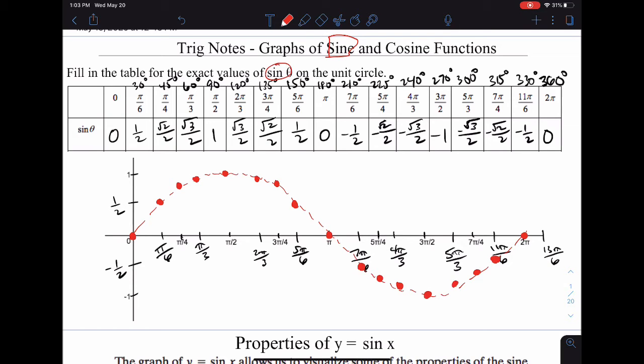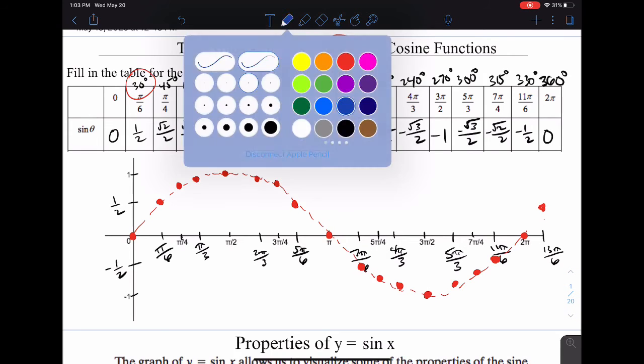Okay, so the question is, what does it do afterwards? So we've got back down to 360. What happens at 360 plus 30, so 390, which is 13 pi over 6? Well, 390 is really the same as 30 degrees. It has that reference angle, so it's going to repeat itself. So this is going to be 1/2, and it just repeats itself. So I'll use a different color to show.